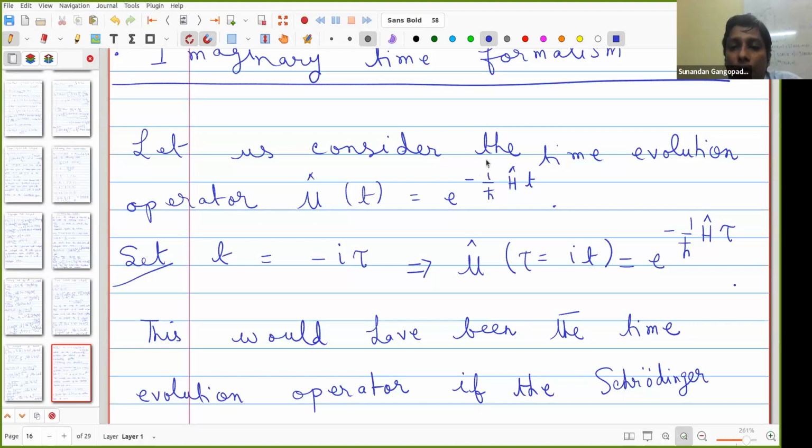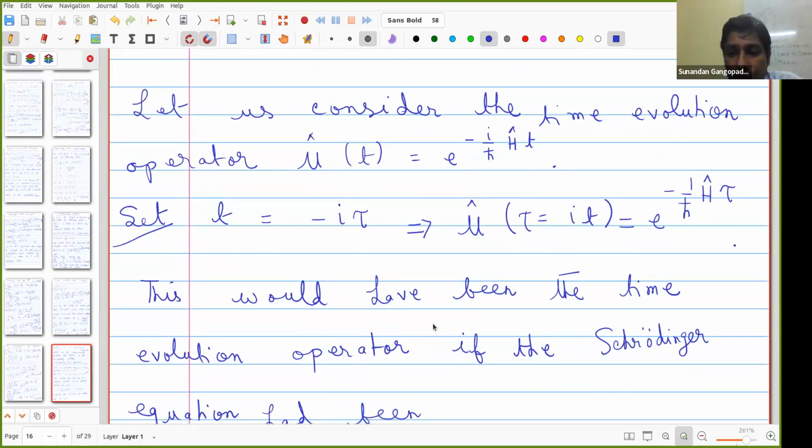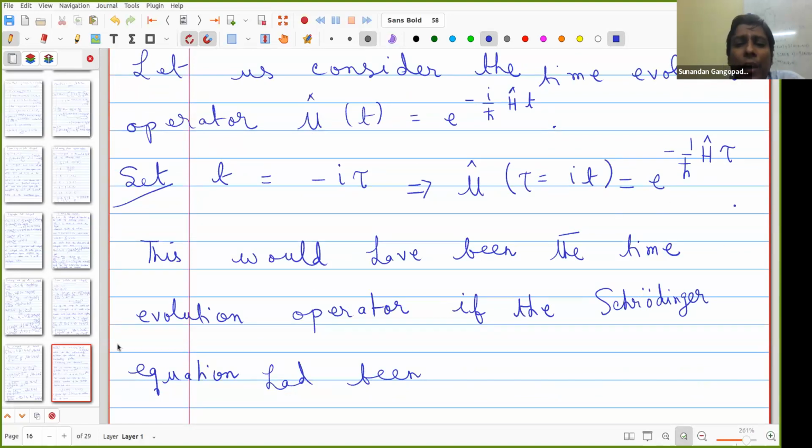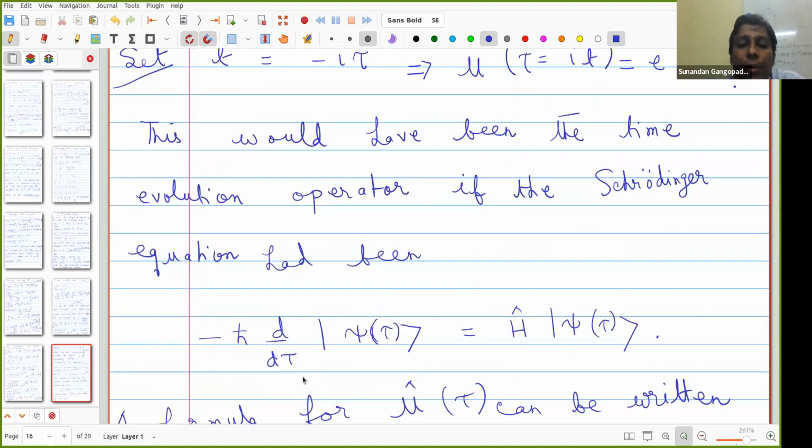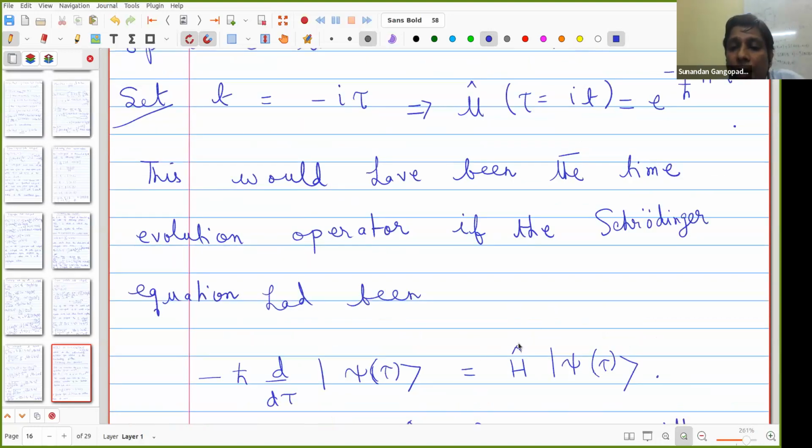So this complex number i no longer sits here anymore, and you will see the consequence of this in a moment. This would have been the time evolution operator if the Schrodinger equation had been written in this form. Had the Schrodinger equation been of this form, then the time evolution operator for a time independent Hamiltonian would be of this form.